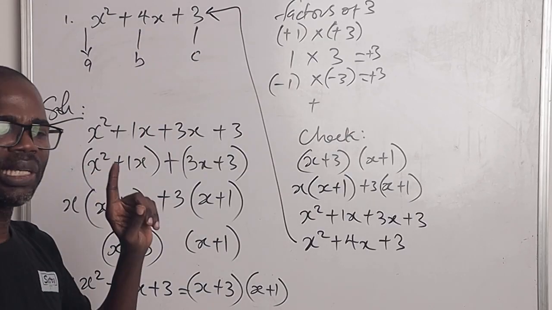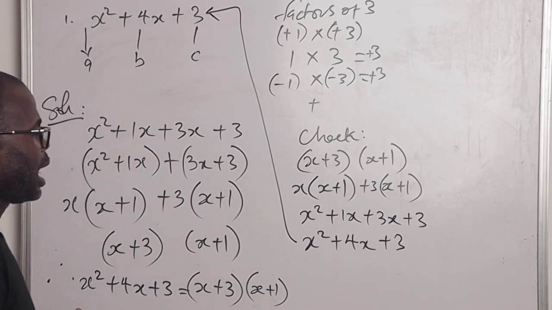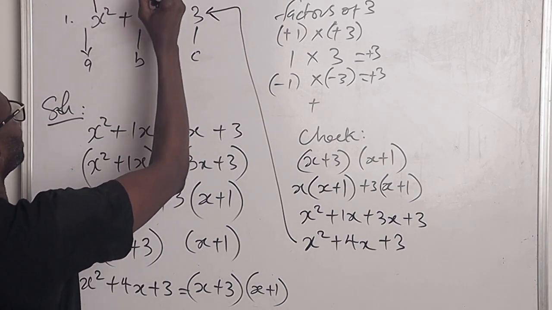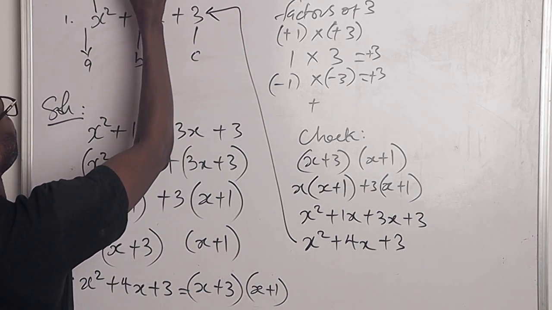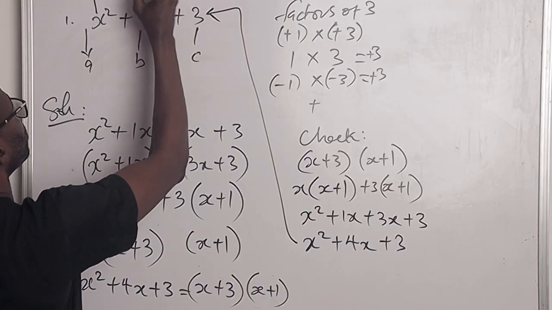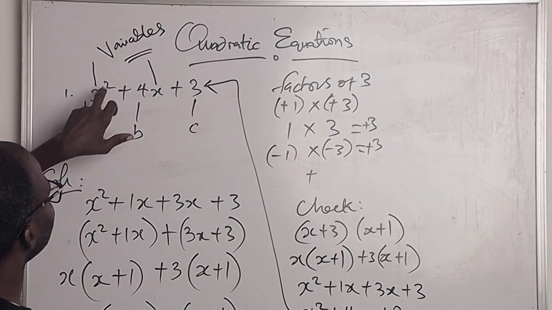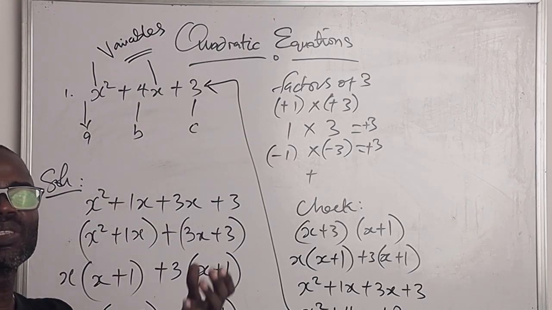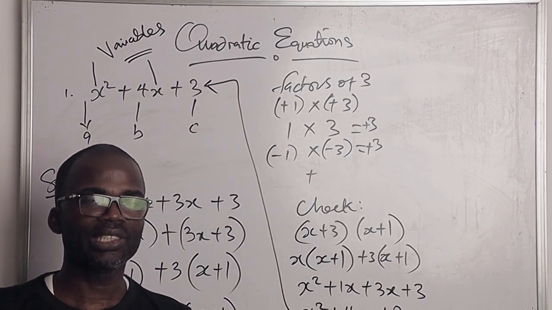Then the constant term means they don't change. And please take note that x here and x here are called variables. Variables simply means things that vary, things that change.